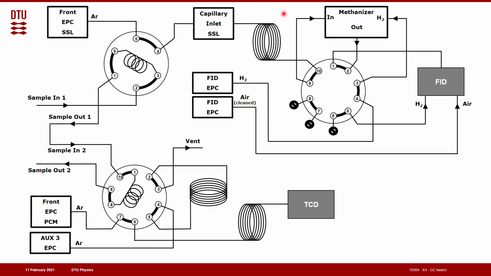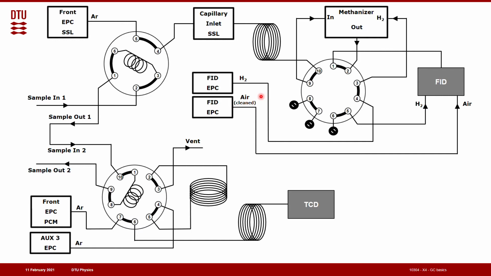And then we have the heart of the GC, you could say, the columns. In this GC we have 3 columns. You should see we have 2 columns and then 1 that's separate. They have slightly different working principles.